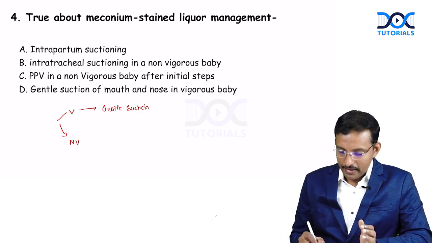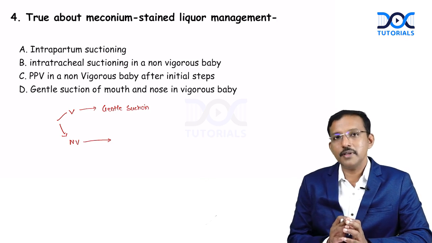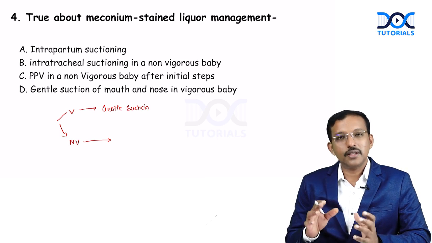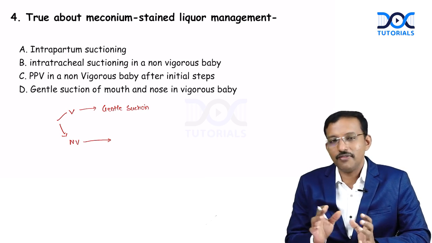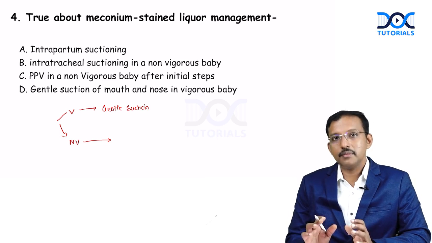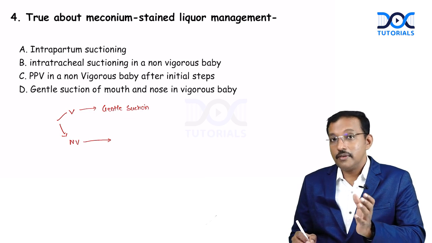Okay, and if it is a non-vigorous baby, what do you mean by non-vigorous? It means the baby is not crying in the first 60 seconds or the tone is not adequate, the baby is flabby, and the cry is not good. In such situations, you should always think about initial resuscitation very importantly.